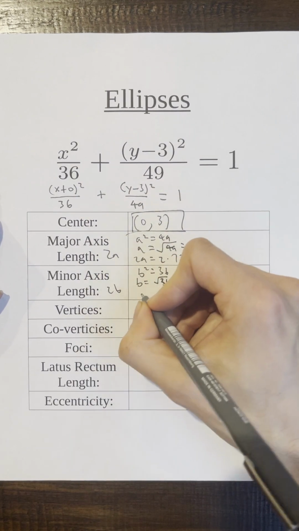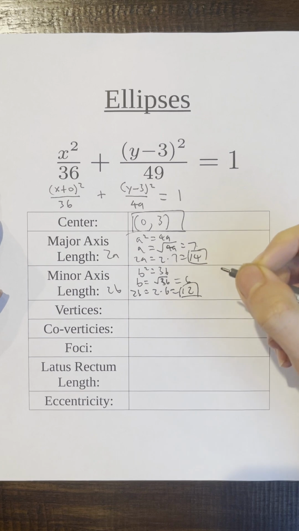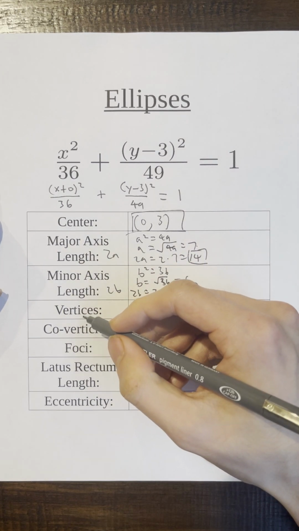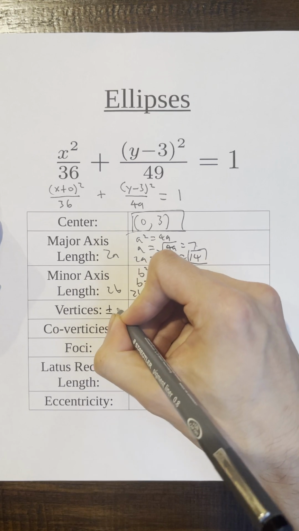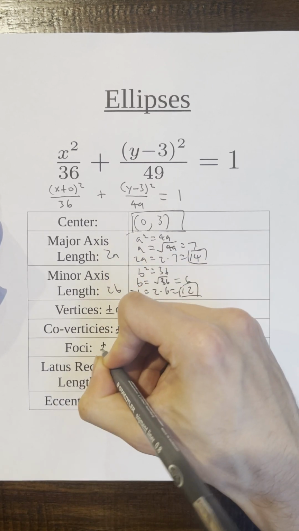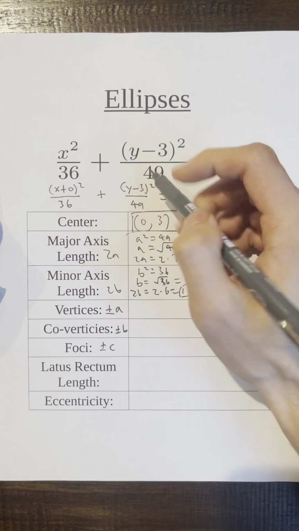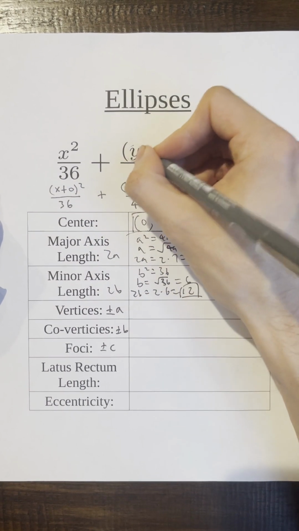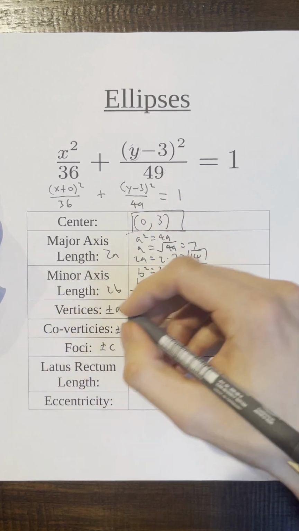Okay, so that means 2b is equal to 2 times 6, 12. This is your answer. Now, to find the vertices, co-vertices, and foci, you need to be thinking about A, B, and C. And since this is the larger of these two numbers, I'm only going to be changing y, the y coordinate of the center for the vertices and foci.